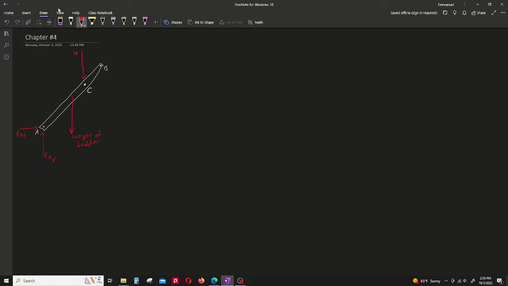And then the last one that we have is going to be at location B. B is not pin connected, even though it has that black dot there. They're just showing you that that black dot is B itself. It's not pin connected. It's not roller connected. It's really just leaning up against the wall there. So therefore, we just have the wall pushing back on it.